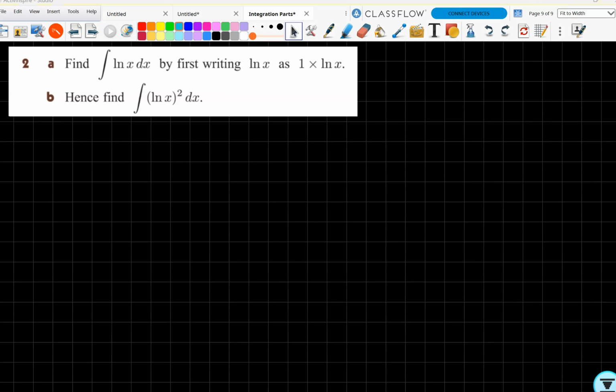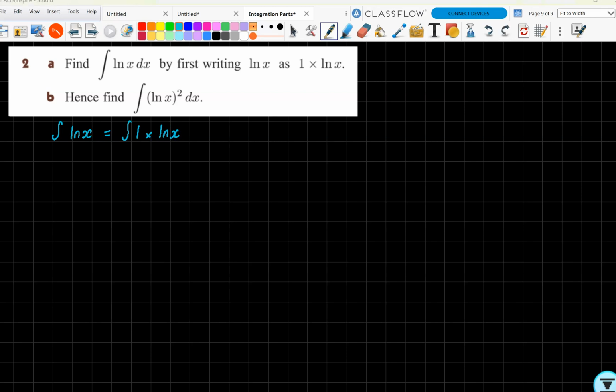Okay, so let's have a look at question 2. So we want to integrate ln x. They've given us the hint that we should say 1 times ln x, because when we look at our rules, there is no rule for ln x.